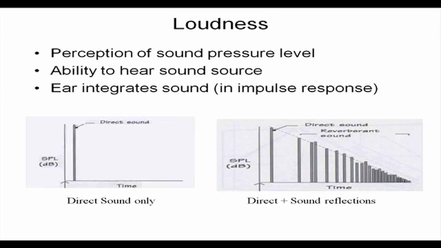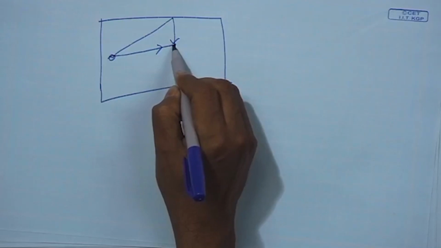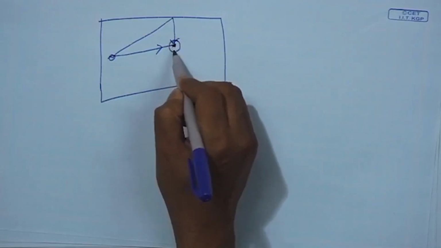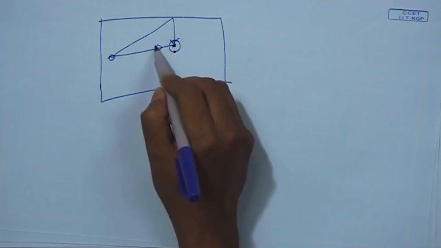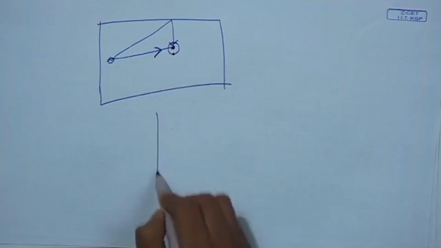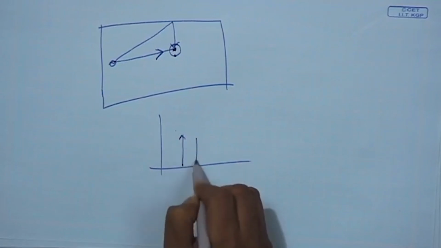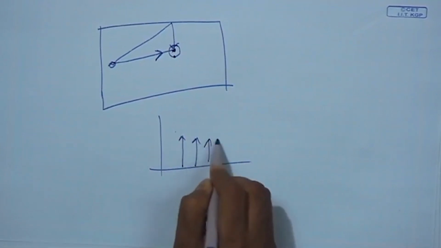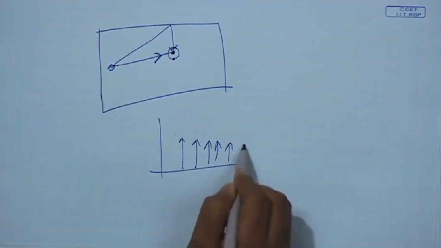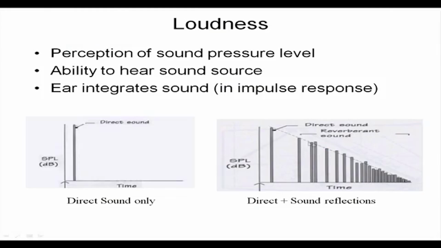So, I can say this is the direct sound. At this point the sound pressure level will be developed based on the direct sound. So, the direct sound will come here with a pressure level, then first reflection, second reflection, third reflection, fourth reflection, fifth reflection. That way the reflected sounds will arrive here, with a lower amplitude.